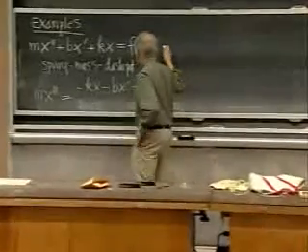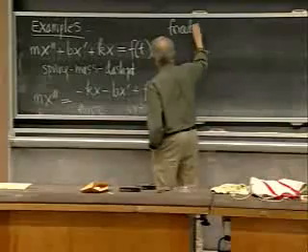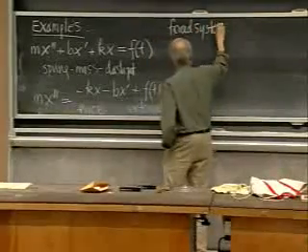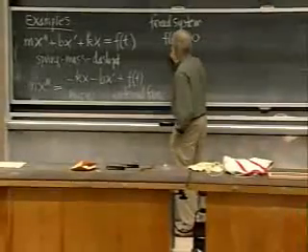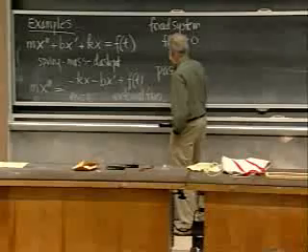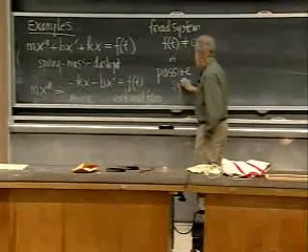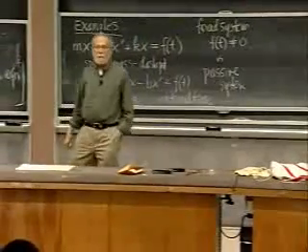So this is the forced system. That's where f of t is not 0, versus the passive system where there is no external applied force.